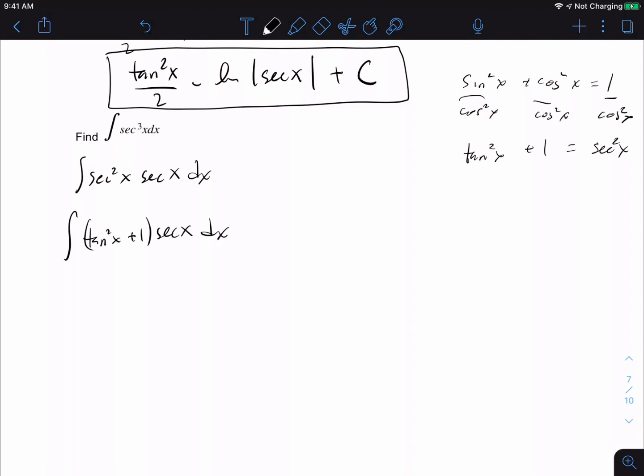And I'm not telling you to write this down. Don't write this down. I'm just trying to demonstrate this. What can we do? Could I have gone, all right, tangent squared x, secant x plus secant x dx and try to attack this integral like that? We could.